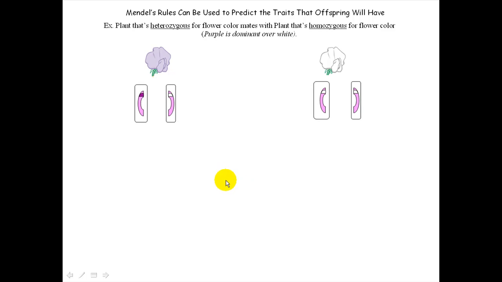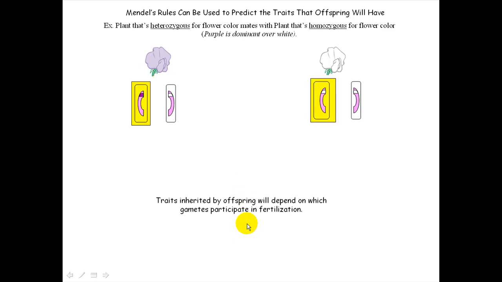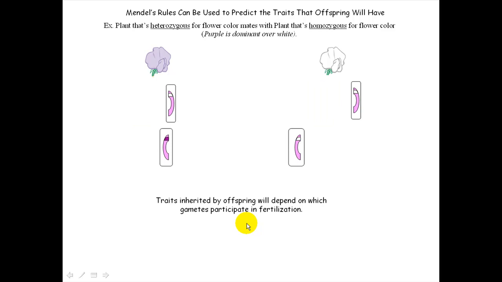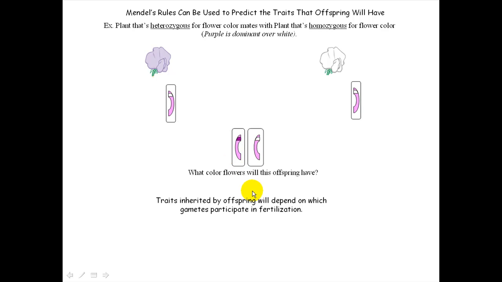The traits of the offspring from these two plants will depend on which one of these gametes fertilizes which one of these gametes, right? So it's kind of a chance thing in terms of what the offspring end up with. Let's say, for example, that by chance it's these two gametes from both plants that end up fertilizing one another. If that's the case, then you can tell that this offspring that's going to be formed, its actual flower color will be purple.